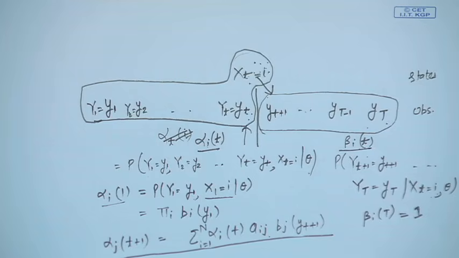Here I am going backwards. You assume that you have computed all the beta_j's at time t plus 1 and you want to use that to compute beta_i at time point t. How will you do that? This is very similar to what you did in the case of alpha.